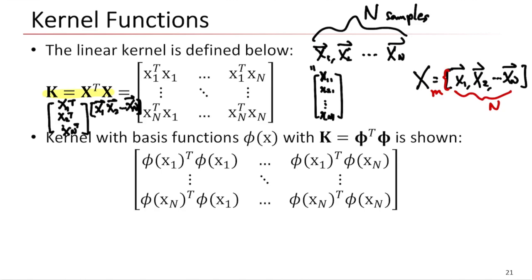Then we compute this vector times this vector, and what about the next one? This vector times this vector, right? You know how to do that. By using matrix multiplication, we can find this value. So this is called the linear kernel.